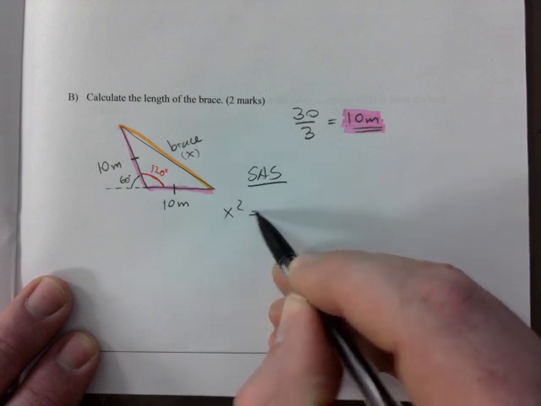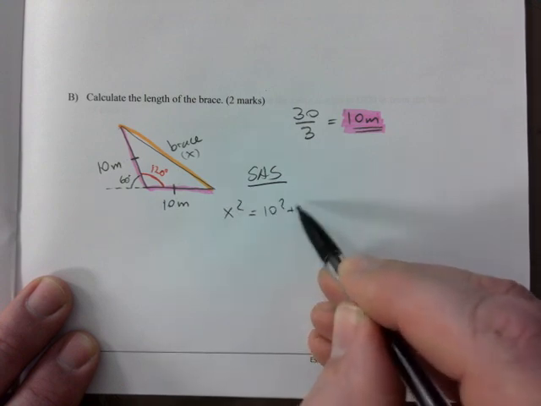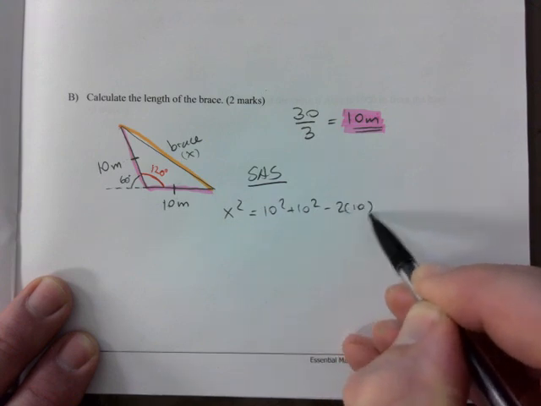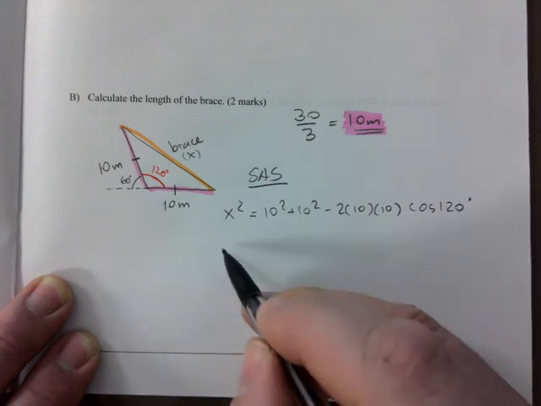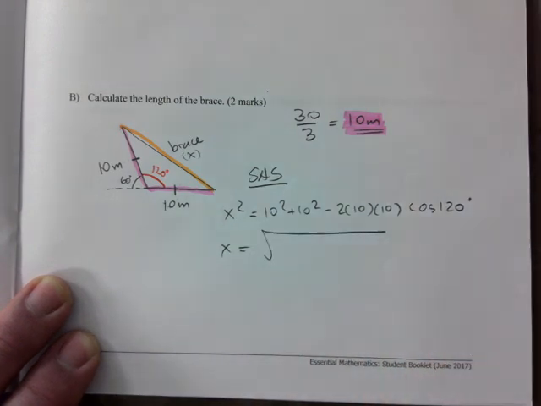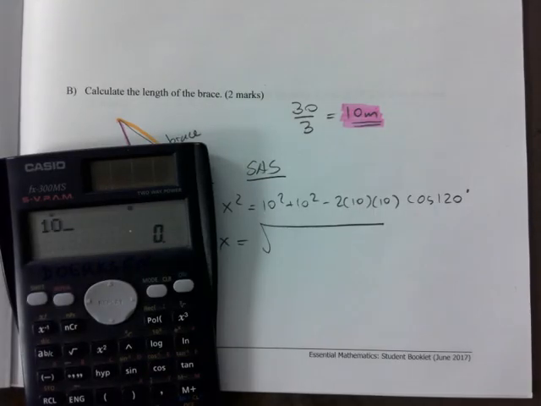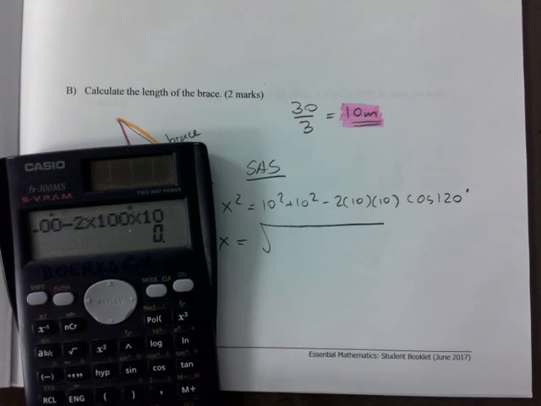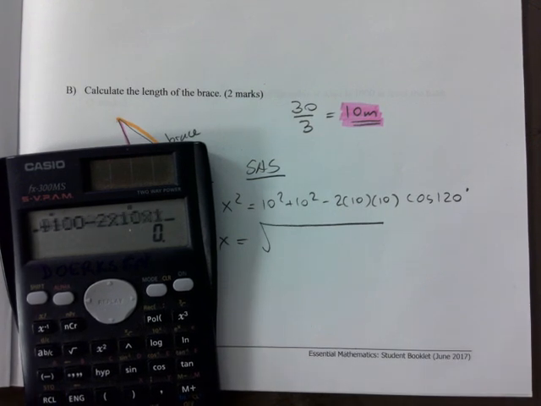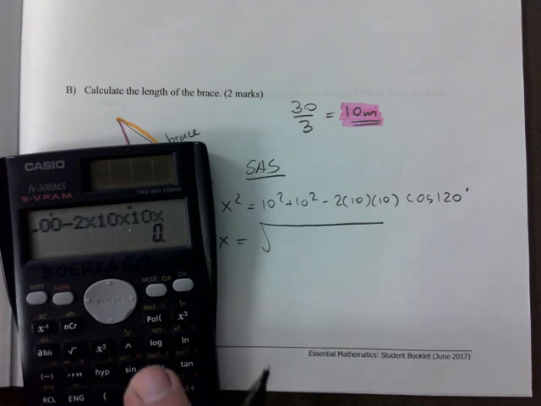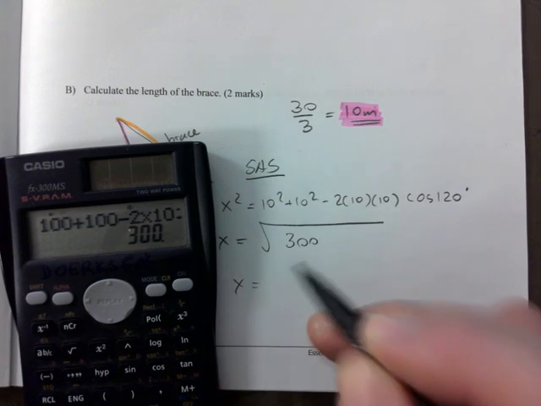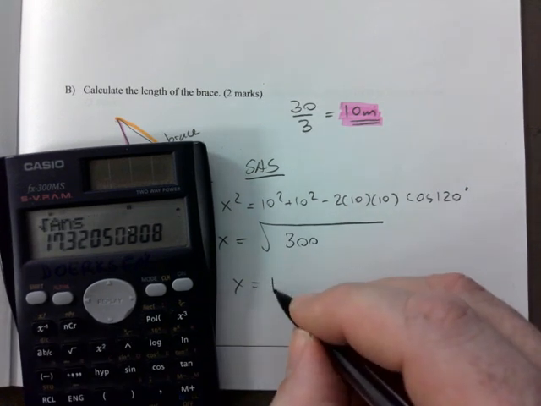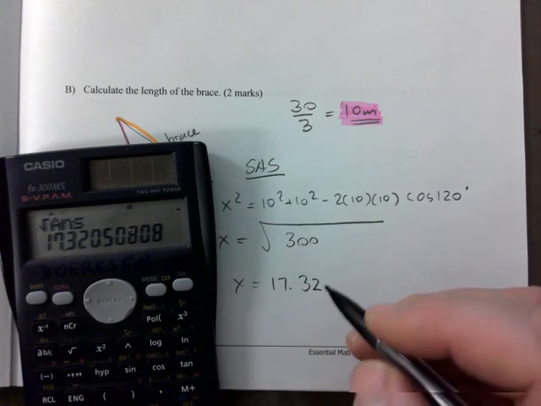So to get x, x squared is 10 squared plus 10 squared minus 2 times 10 times 10 times cosine of 120. 100 plus 100 minus 2 times 100, oh no, times 10, right? Slow down. That's root of 300. Take the root of that: 17.32 meters.